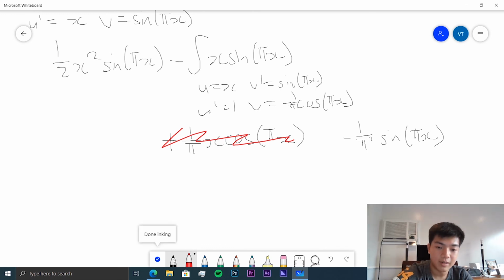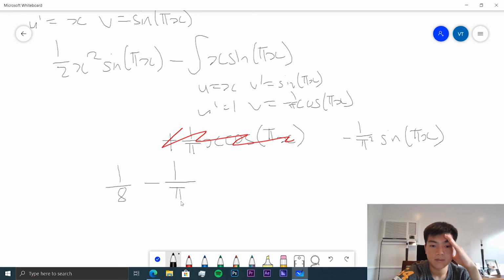So we have 1/2 times 1/2, so 1/8, minus 1 over pi, and then we have plus 1/8 plus 1 over pi squared. What in the world?